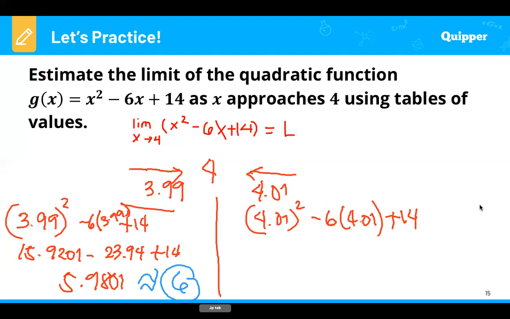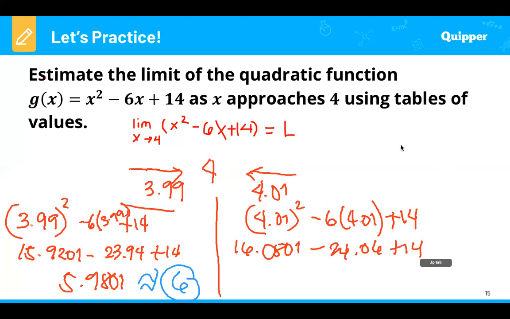Let's see the right side. We have 4.01 squared, which equals 16.0801, minus 6 times 4.01, which equals 24.06, plus 14.